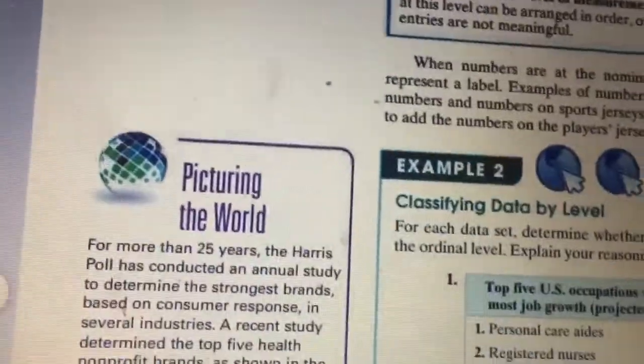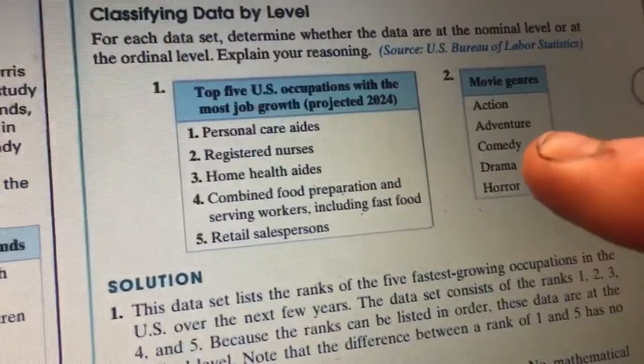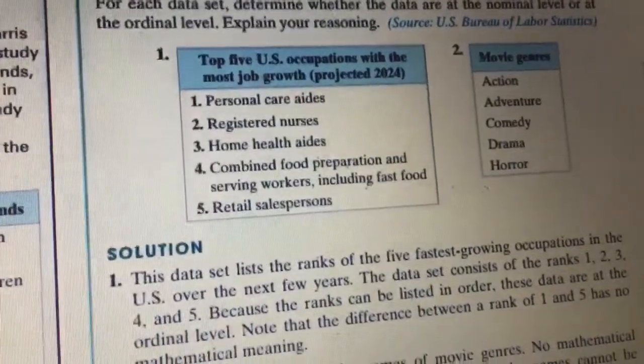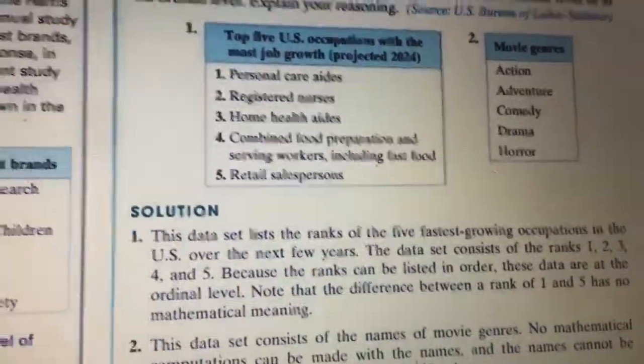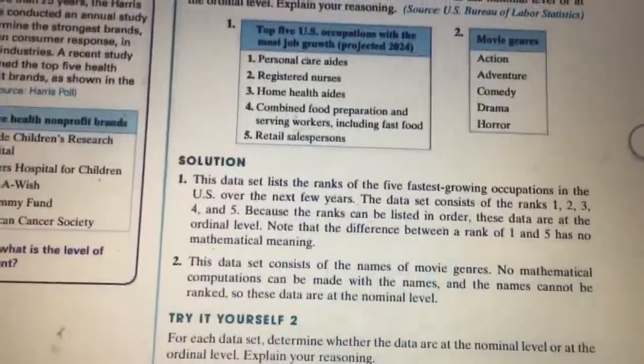Now, over here, this is just nominal. So you've got action, adventure, comedy. These are not arranged in any order, so that's just nominal. But these are both qualitative because they both have qualities about them.